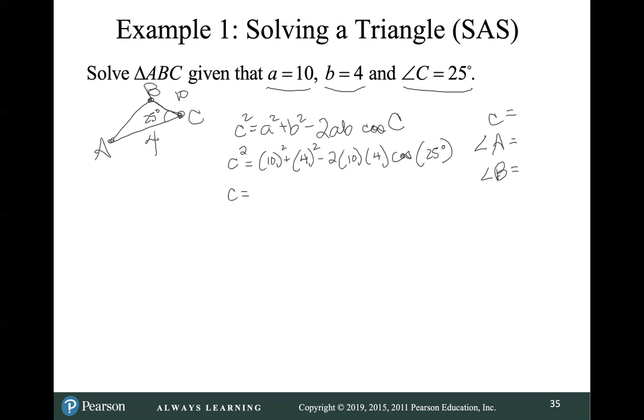C equals the square root of our answer directly into the calculator. And we should get that C is approximately 6.595.